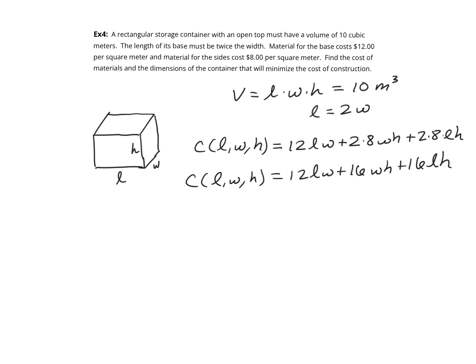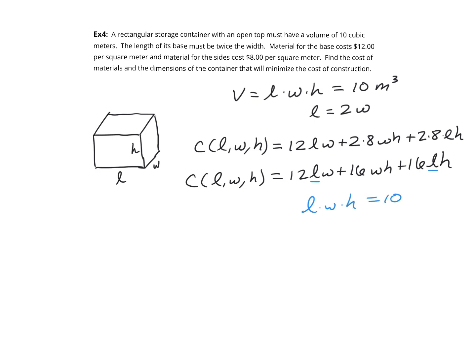And now we have to reduce this down to just one variable. The length is really easy because we already have an equation for it. We know that these L's are all going to be swapped out with 2 W's. But it'd be also nice to eliminate the H's as well. So if we go back to our original equation, we know that L times W times H is always 10.